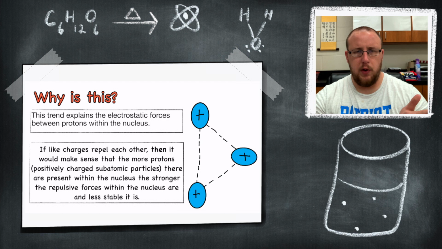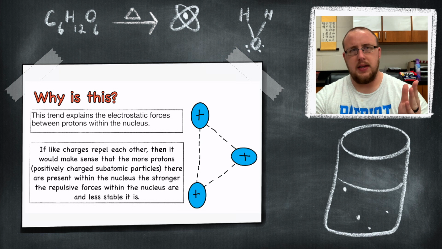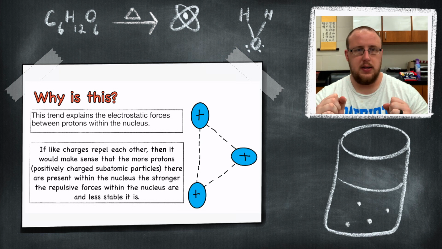That's where we get to the point where the ratio of 1.5 neutrons to every 1 proton is stable. The idea of the band of stability is to have a way in which we can figure out numerically, okay, this atom is stable because it has X amount of protons to X amount of neutrons. And if it falls within that ratio, we're good.